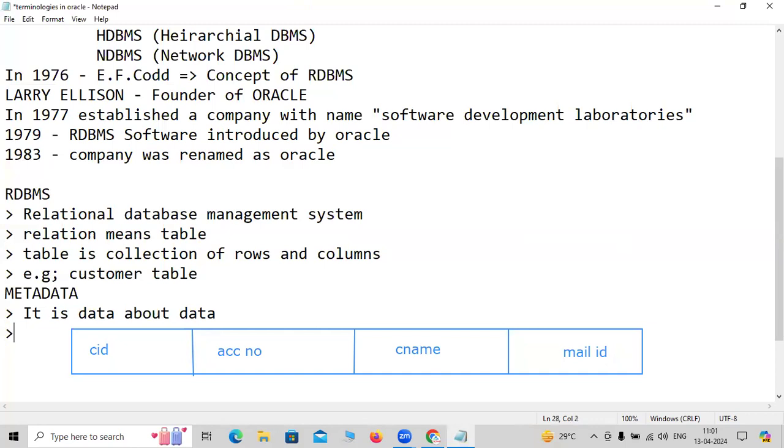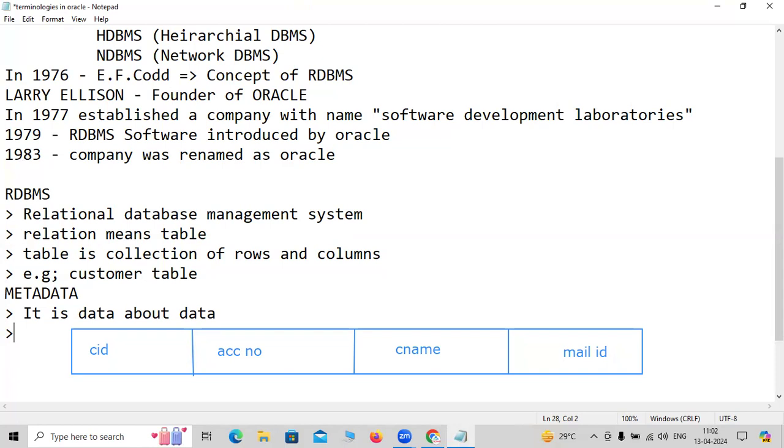So different customers will have different customer ID, account number, customer name. Customer name may be same, different mail ID. So all these rows of the customer are called records, and the metadata is the data about data.